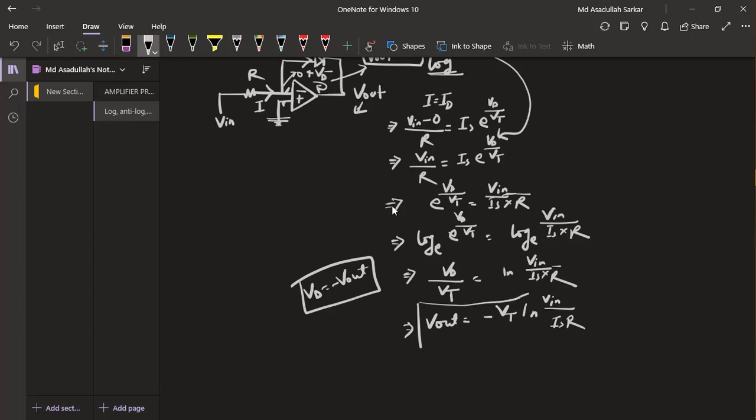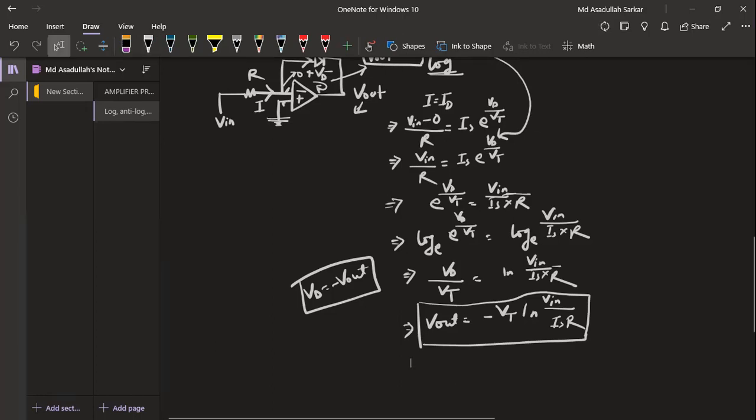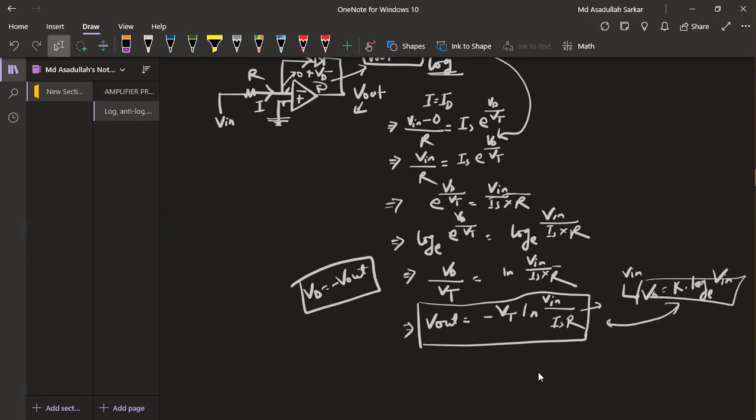Here this is an amplifier because if I give input V in, the output is log e of V in. So this and this are both the same expression. That's why this is our logarithmic amplifier.